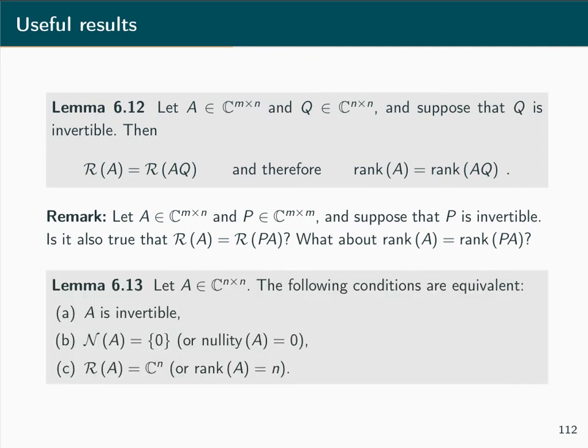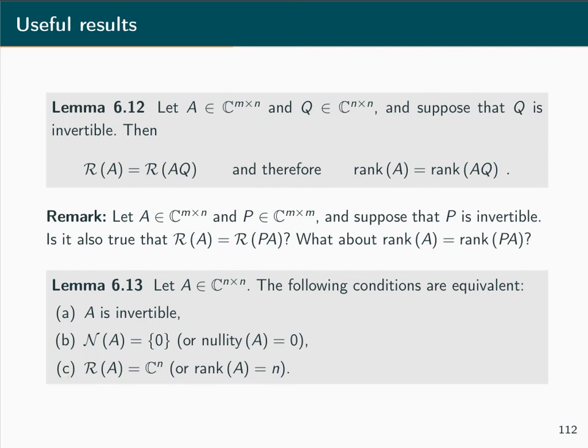The second useful result on this slide is lemma 6.13, where A is defined as an n by n matrix, and the lemma is then stating that the following three conditions are equivalent. A, the matrix A is invertible. B, the null space of A equals the zero vector, or alternatively the nullity of A equals 0.